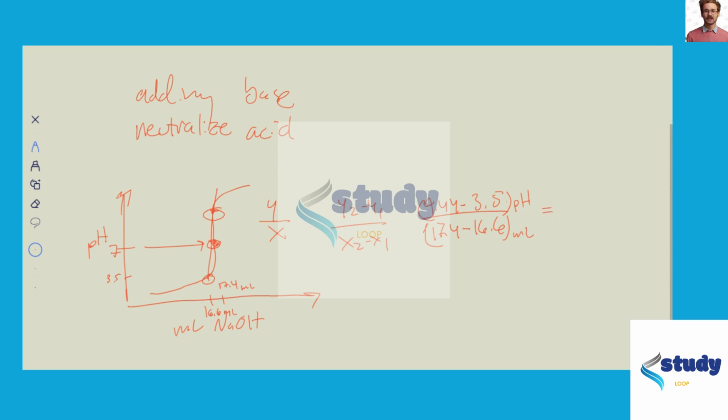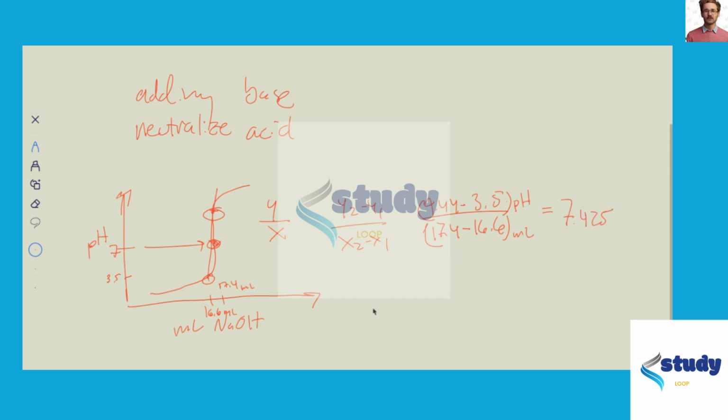Let's calculate this: 9.44 minus 3.5, divided by, in parentheses, 17.4 minus 16.6. And I get 7.425.